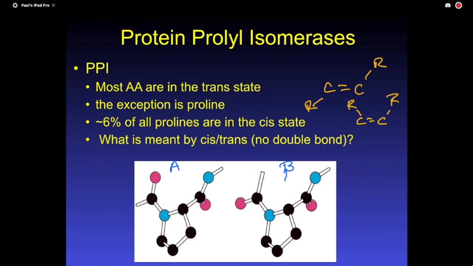Yeah, wonderful question. All right, I'm going to show you where the double bond is. There's a double bond. There's a double bond. The carbonyl is a double bond, right? All right. That doesn't help you, though, does it? No. Okay.